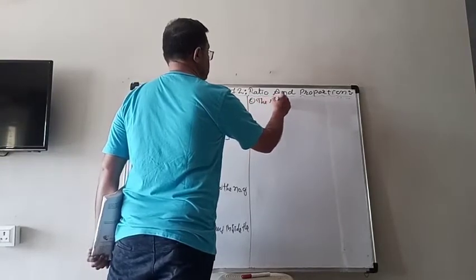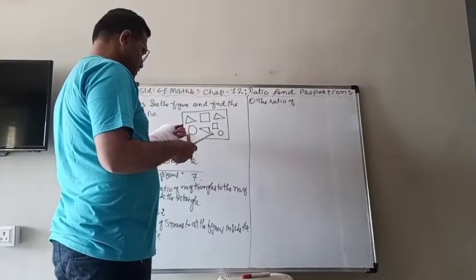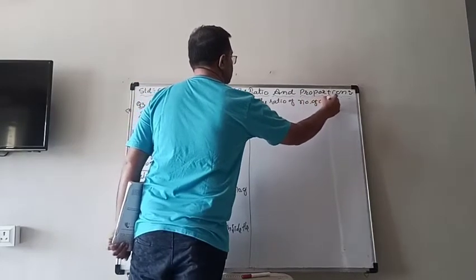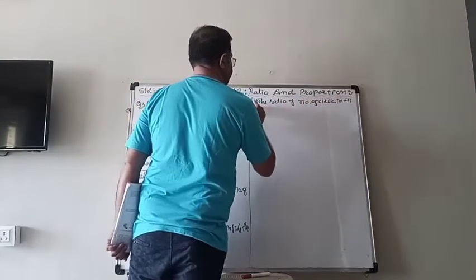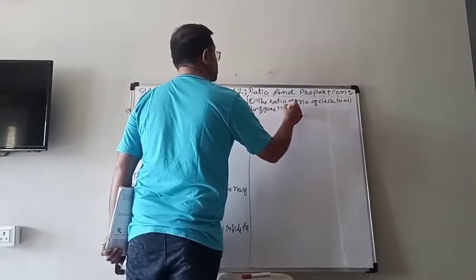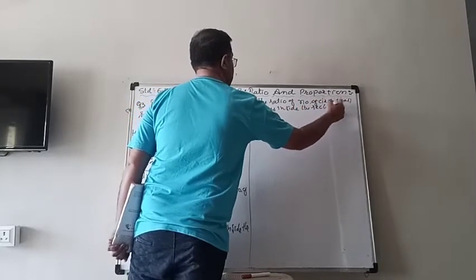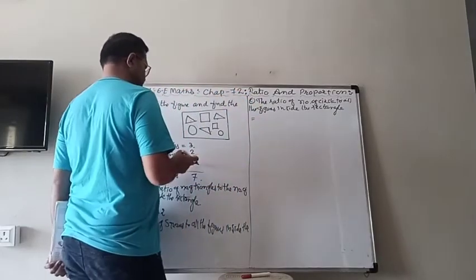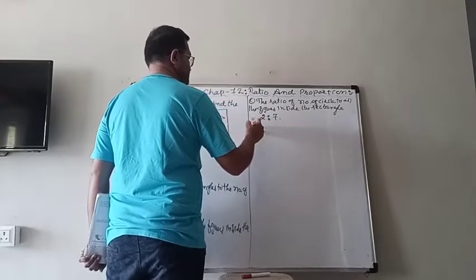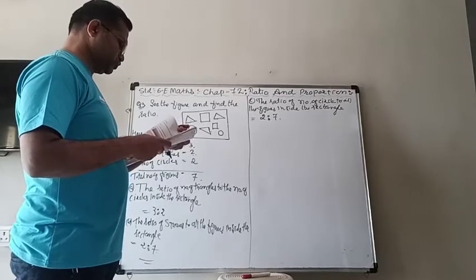Third, the ratio of the number of circles to all the figures inside the rectangle. Circles are also only 2, and total figures are 7. So that ratio is also 2:7.